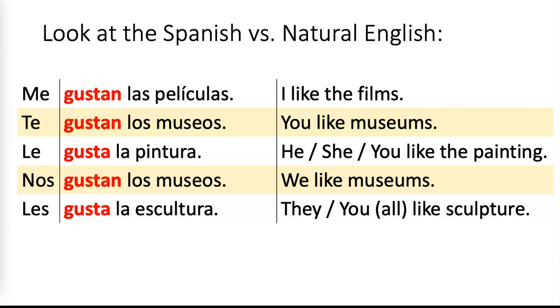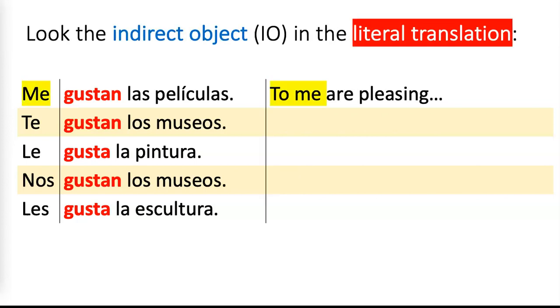Nos is going to be we, and les again could be they or you all. There is an obvious potential for confusion with le and les. Now, if we look at the literal translation, me gusta translates to to me is pleasing.